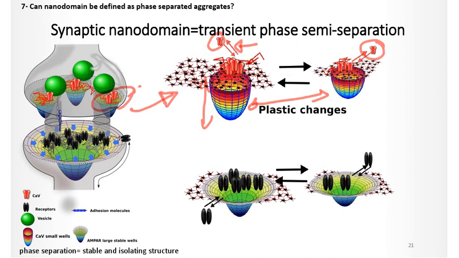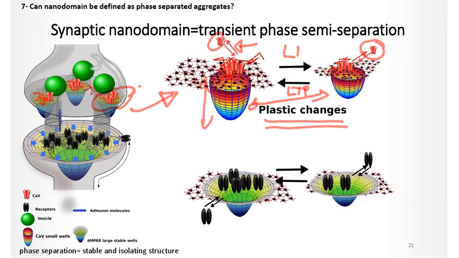And this is an example for during a plasticity protocol. If you want to have more receptors, and this is like LTP, long-term potentiation mechanism that could lead to more receptors, so increasing the probability of release in the presynaptic terminal.